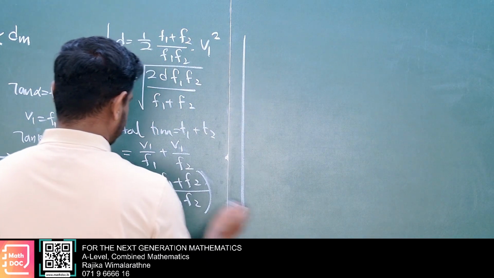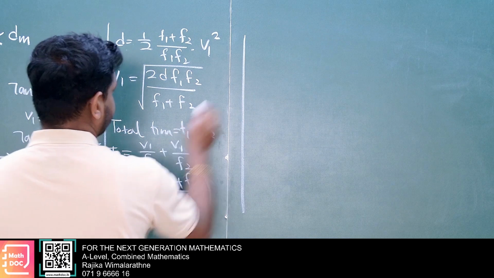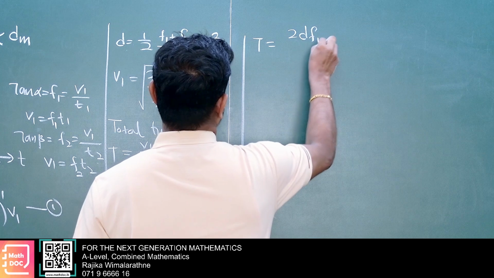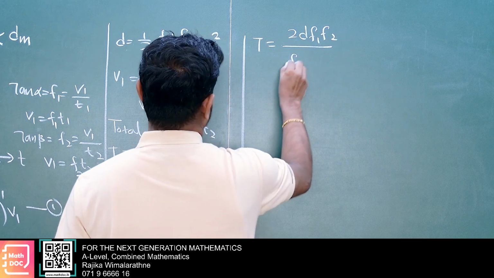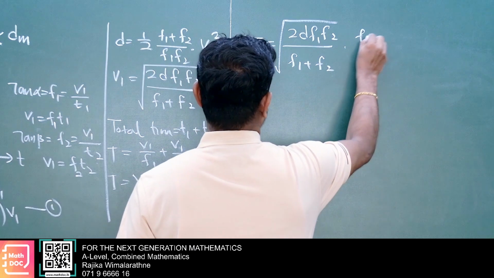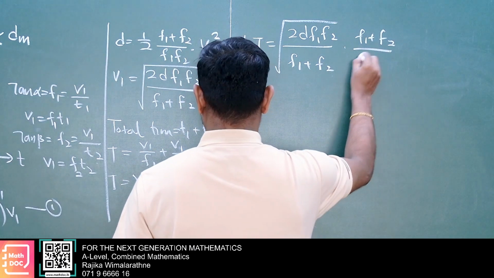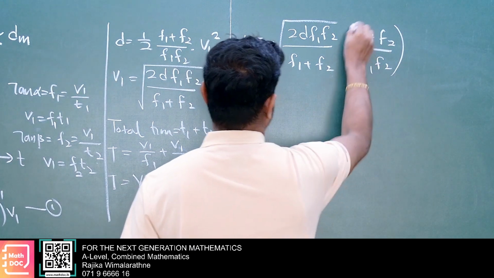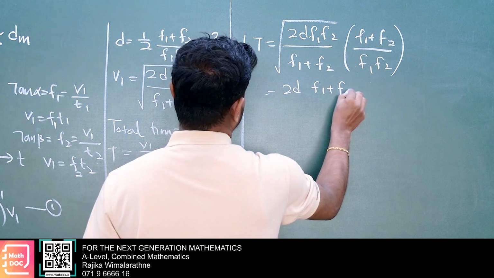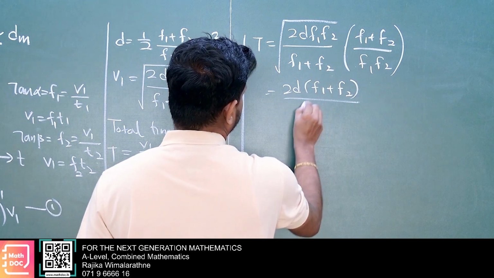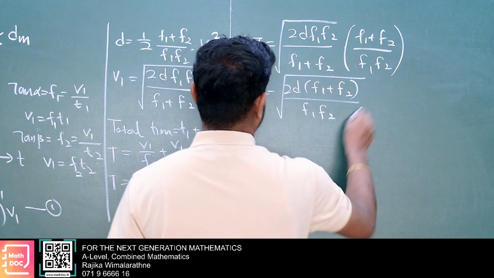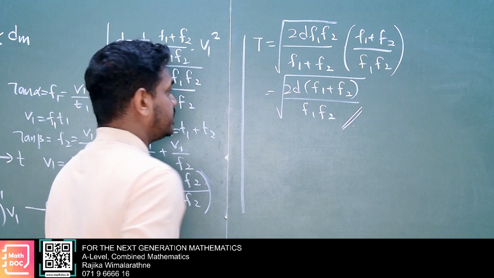Then total time, say capital T, V1 means root of 2D F1 F2 over F1 plus F2, times F1 plus F2 over F1 F2. Now simplify. Here root of 2D, F1 plus F2 over F1 F2. Here the time for that case.